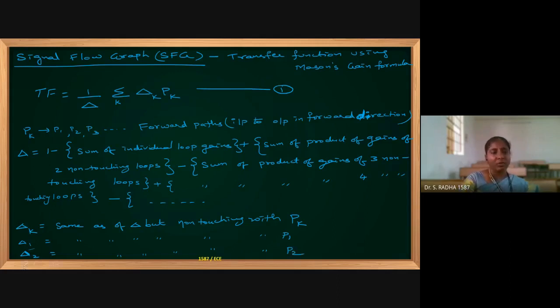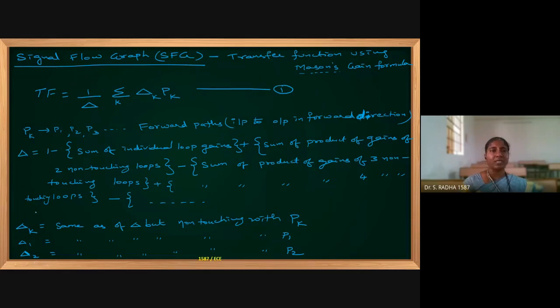Now I will go to a diagram and show what all these things are. Let us check every parameter with respect to a diagram. We have equation 1, which is Mason's gain formula. In equation 1, I have explained every parameter: forward paths, then the delta value, then the delta k value.